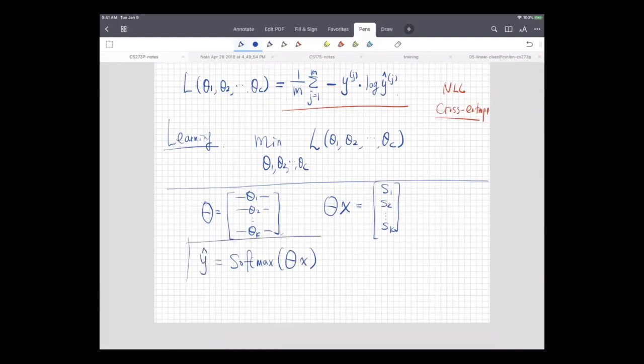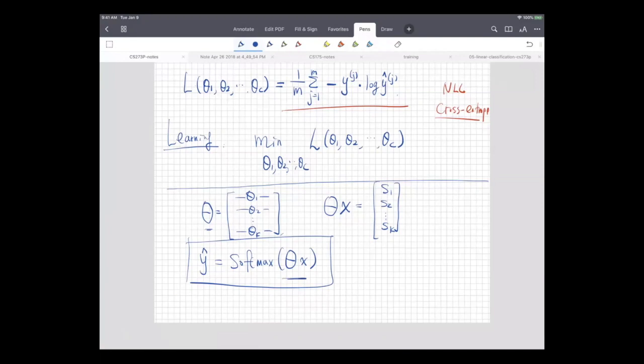You can write these things more compactly this way, but when you write that, you assume theta is a matrix. Just keep that in mind. This is the more compact softmax representation of the probability. Sometimes people write it this way because by assuming theta is a matrix, you can make things more compact.